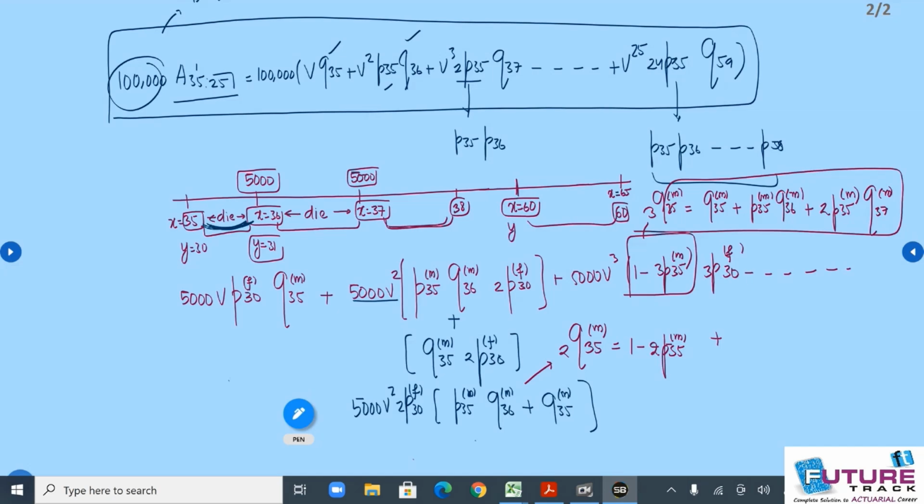So remember, when x becomes 60, y is 55, after that the probability of y will not change, right? So you have to write here 1 minus 25p35 male. It will not change for the scenario from 60 to 65. Reason being, the person aged x can die between 35 to 60 only. Fine. So hope you understood this formula.